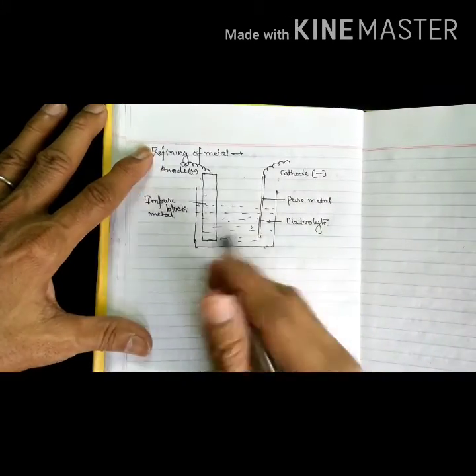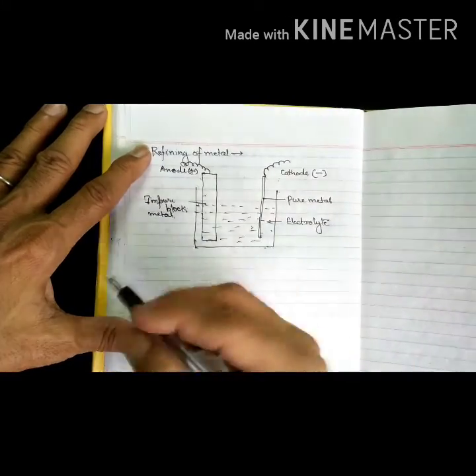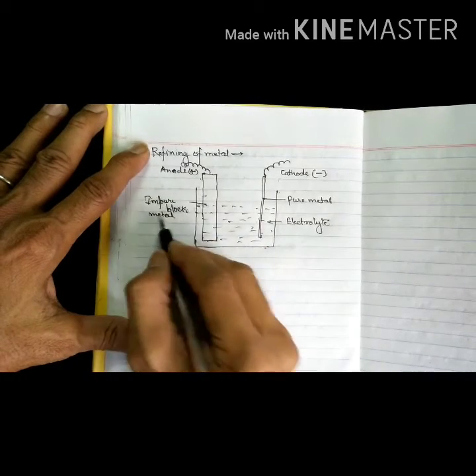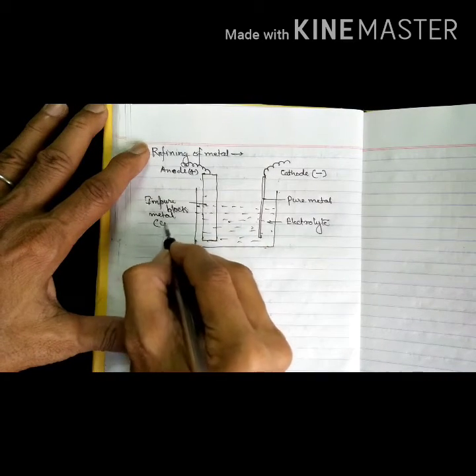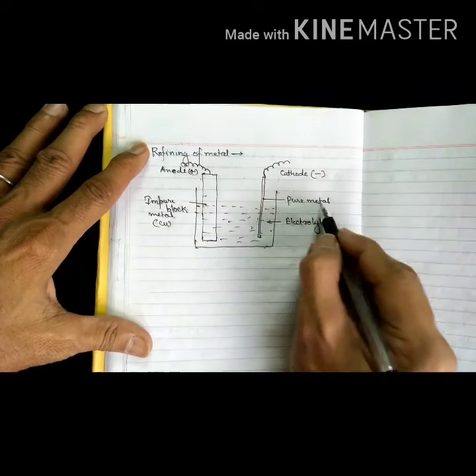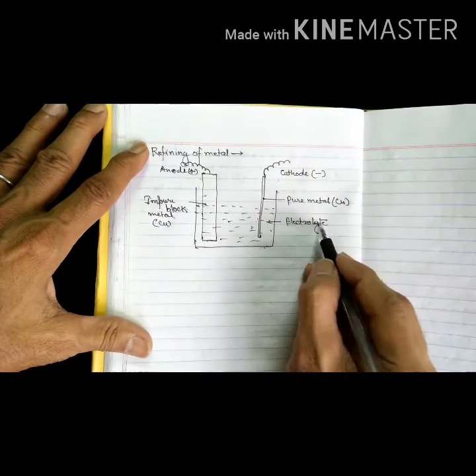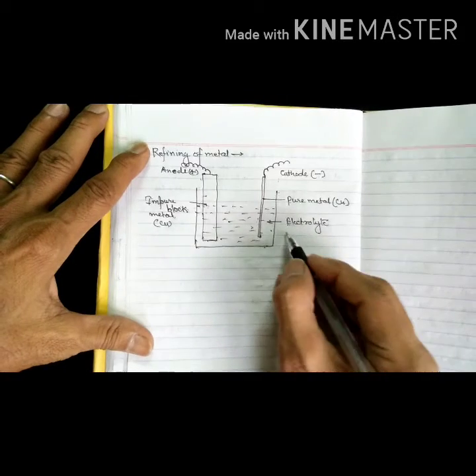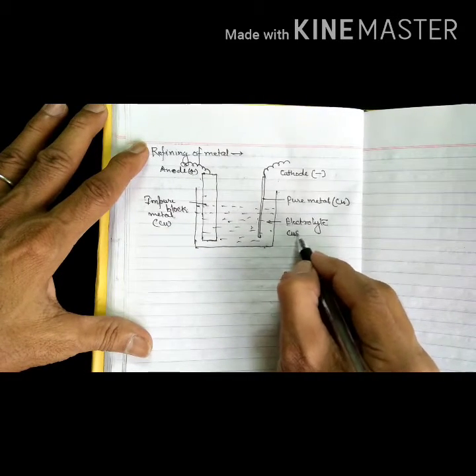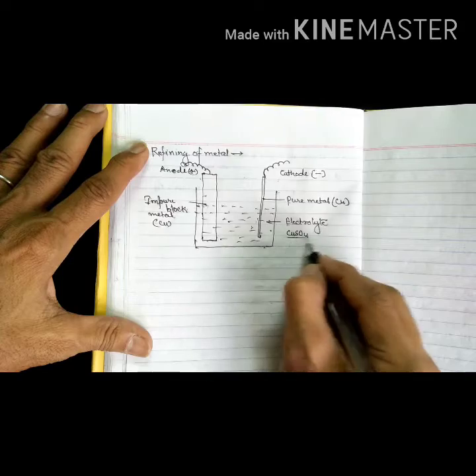Now, let us take an example of copper. Suppose this is the impure block of copper and this is the pure metal block of copper, and the electrolyte taken in the electrolytic cell is CuSO4, copper sulfate.